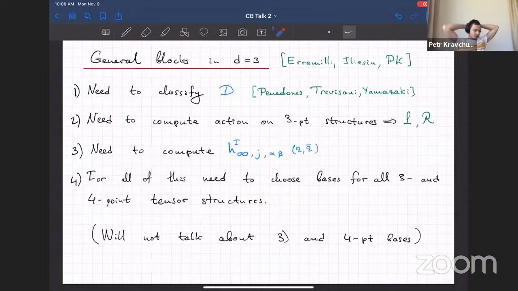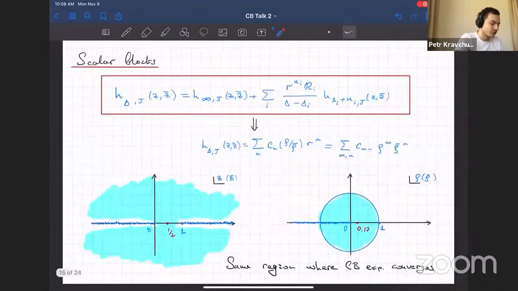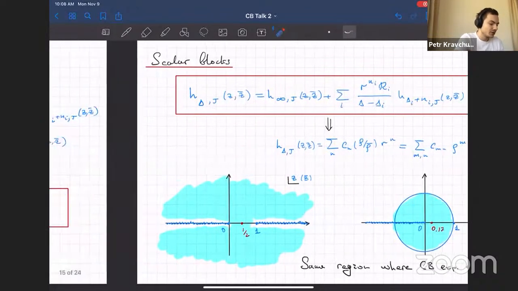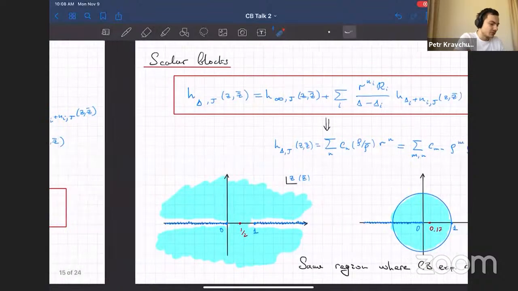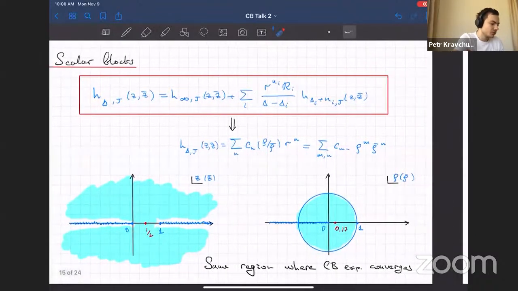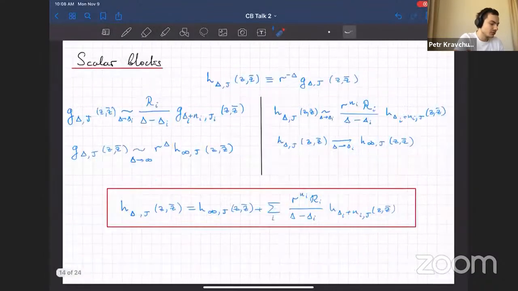And now there have been some studies of correlation functions with spinning external operators, but most of them didn't use these recursion relations in general, because it's a bit hard to compute this.